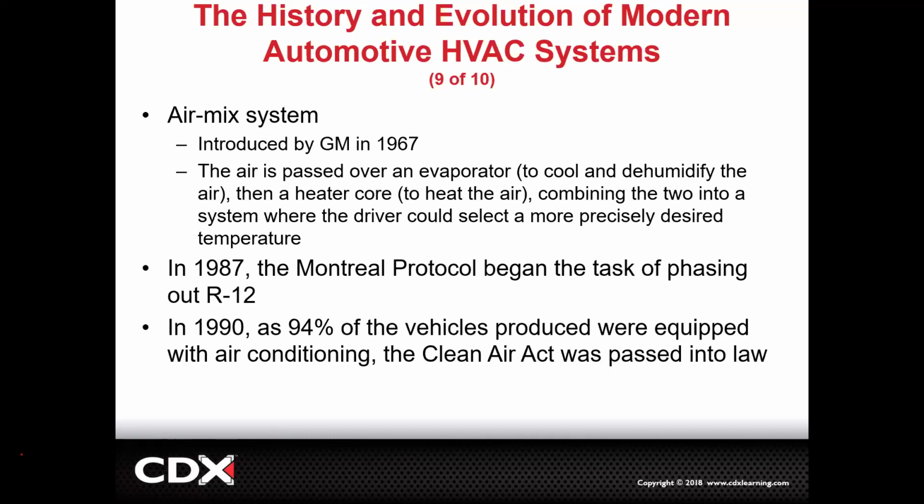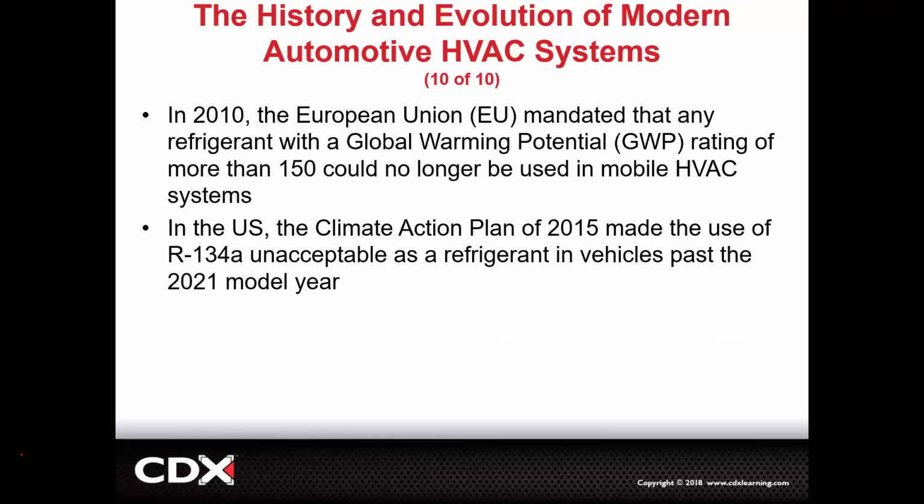So before 1990, a lot of cars didn't have AC. Before 1980, even more cars didn't have AC. In the '70s, a lot of cars didn't have AC. In the '60s, most cars didn't have AC, right? So it was getting more and more common, but they also knew that R12 was causing some issues, right?